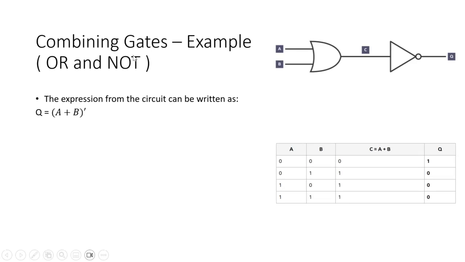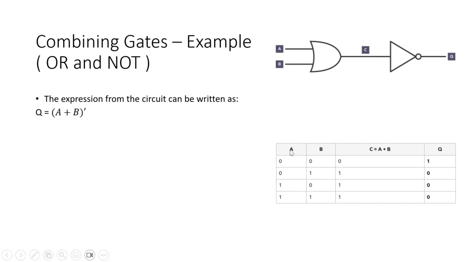This is an example which combines the OR and the NOT gate. If you look at the first one, it's the OR gate, and then the OR gate connects to the NOT gate. Now, step one in solving any such example is that you identify how many inputs there are. For this example, we have two inputs.